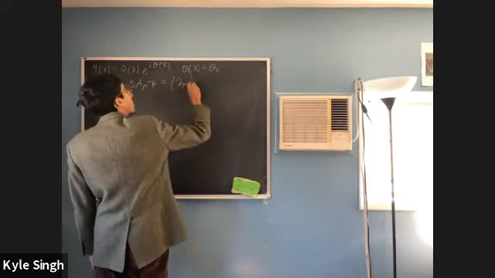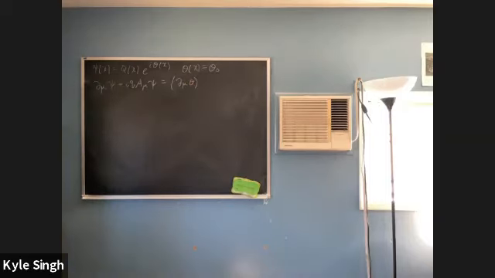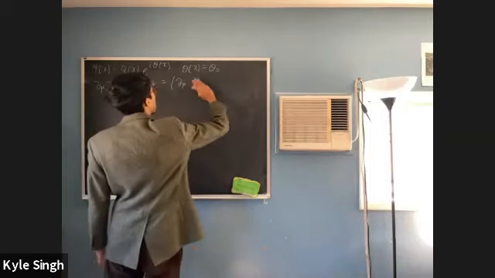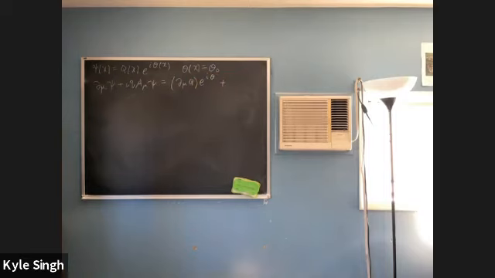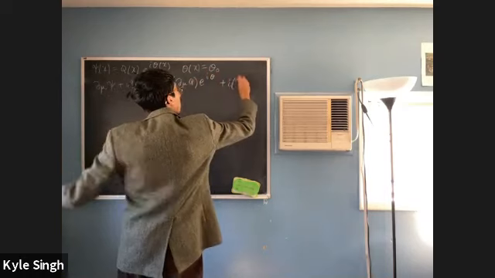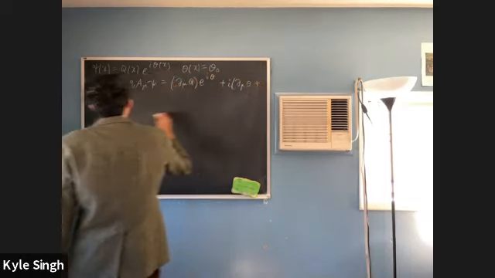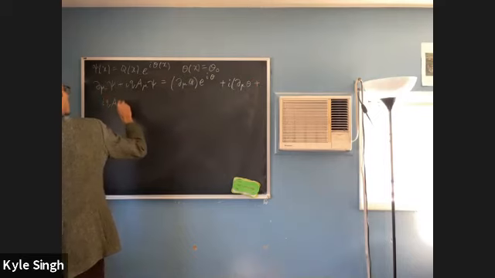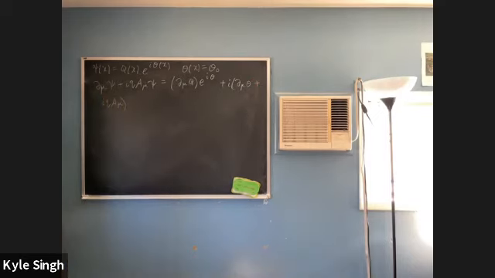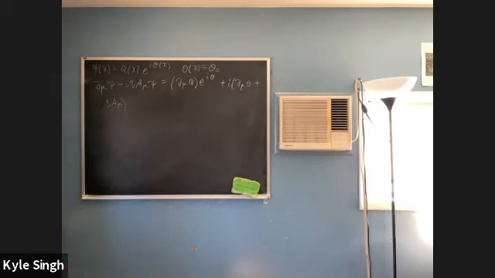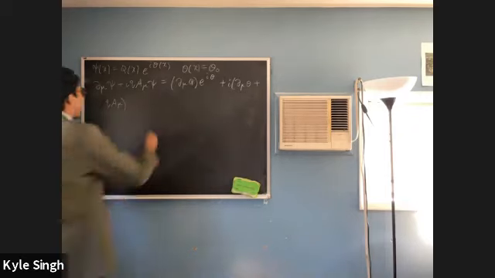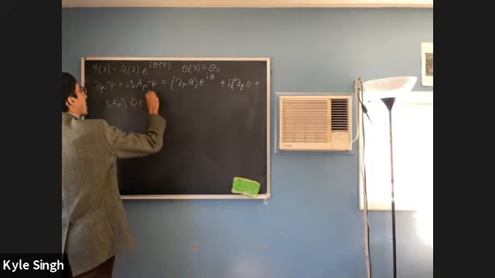So I get d mu q, times e to the i theta, plus i d mu theta plus i q A mu, times q e to the i theta.